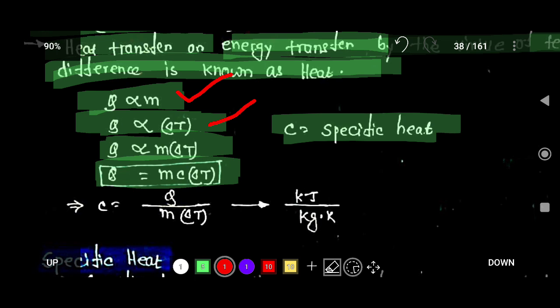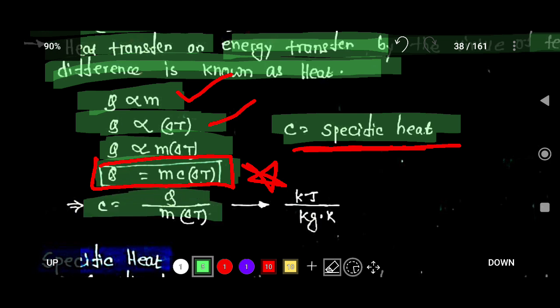This formula is very important: Q equals mc delta T. From this equation you can calculate the heat transfer to any system or from any system. Here C is the specific heat. From this equation, C equals Q by m into delta T.